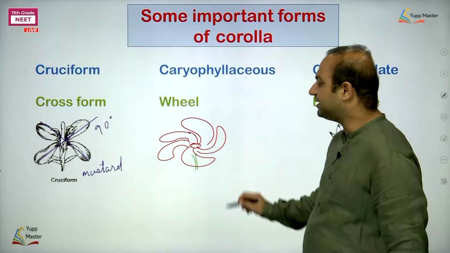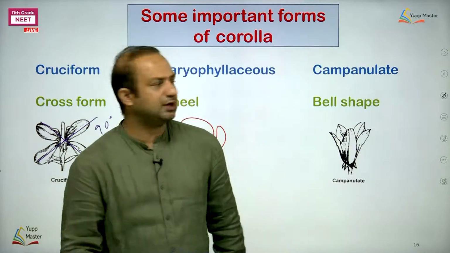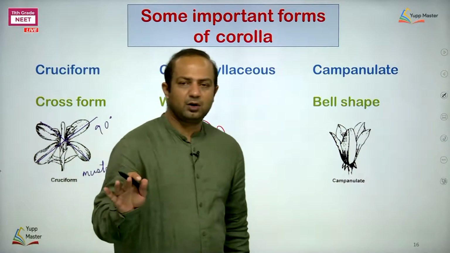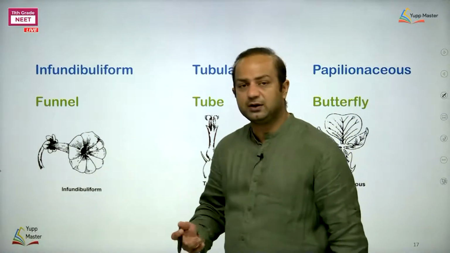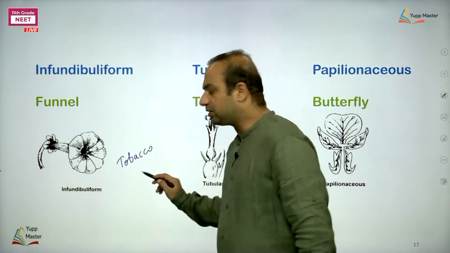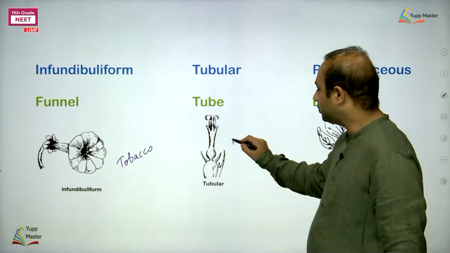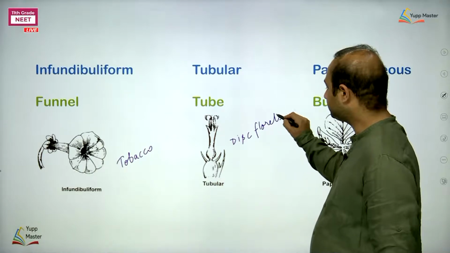Okay, this is seen in dianthus. Leave it, not that important, means not that relevant. Here bell shape is in campanula, gone, not at all needed. This one, funnel shaped, is seen where? We can see this one in tobacco. The tubular type of corolla we have already studied, if you remember. This was disc florets in sunflower.